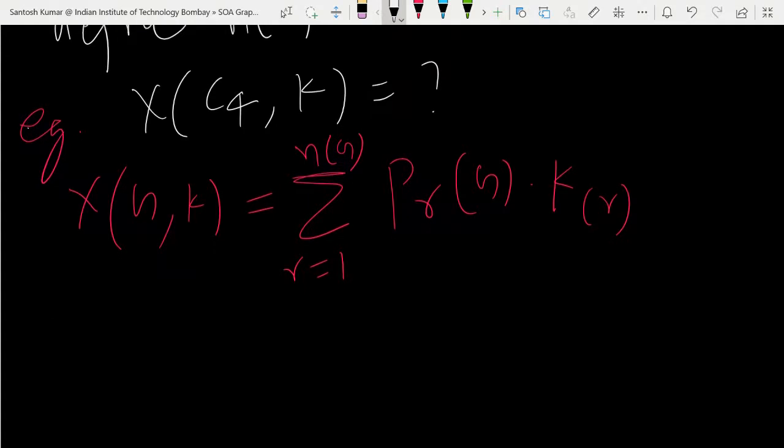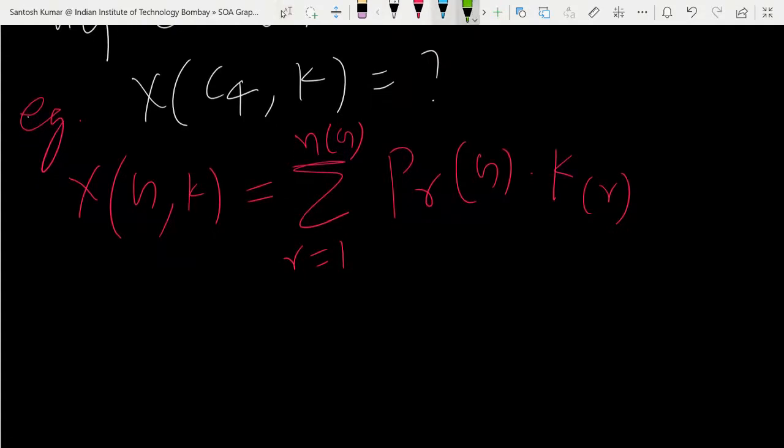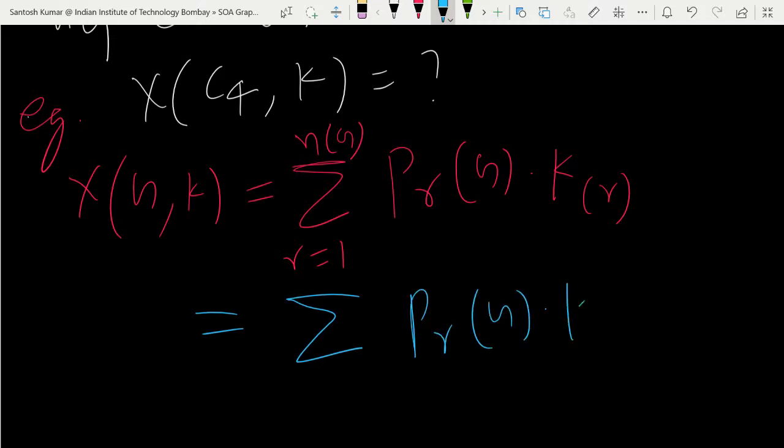You know the answer already, but I want to derive it using this formula. In C4 the number of vertices is 4, so r goes from 1 till 4.